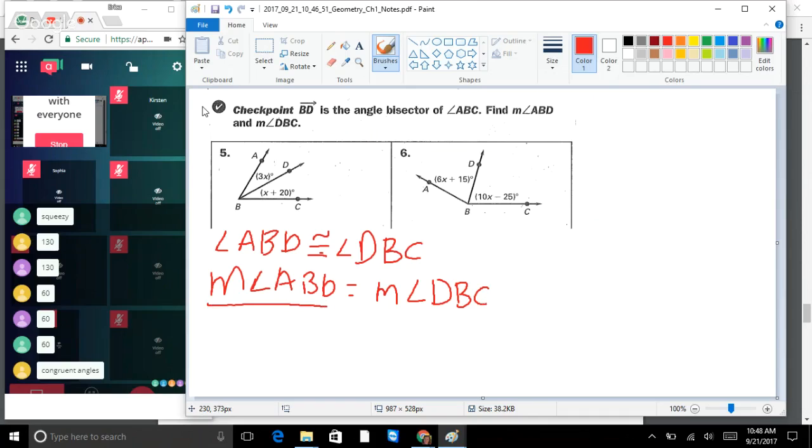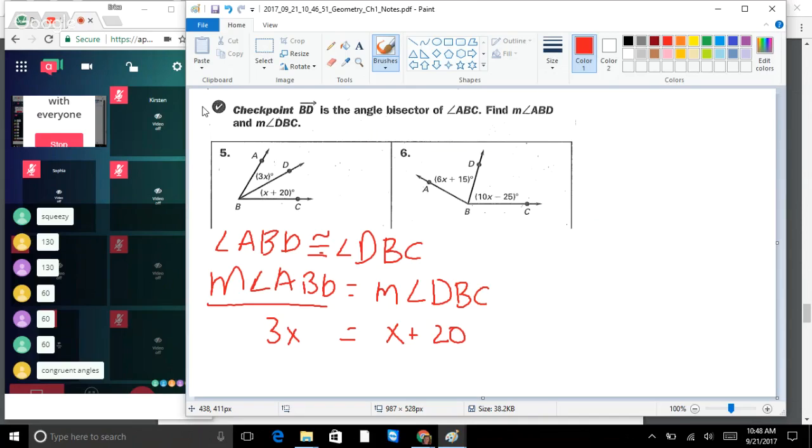So what is the measure of ABD? They give us some algebra. They tell us the measure of ABD is 3x degrees. And what is the measure of DBC? That is x plus 20.